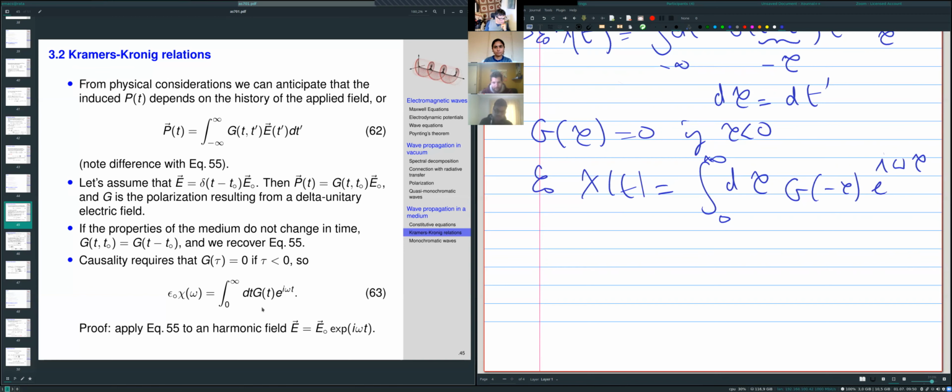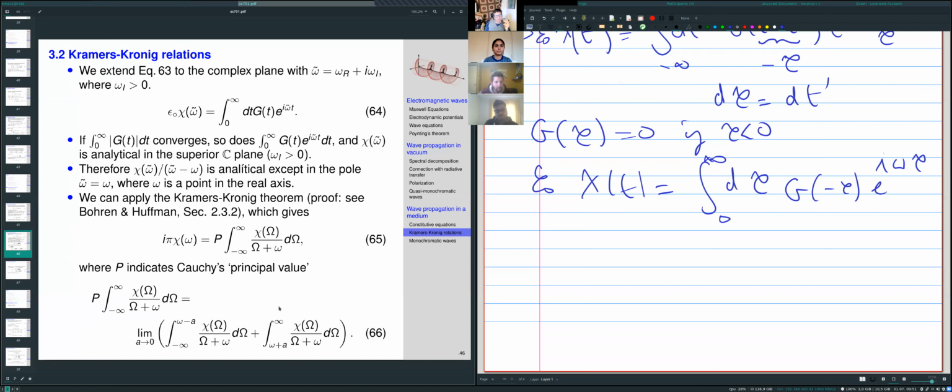But we have this expression that connects the susceptibility with this kernel G, and we can make a trick now, which is quite difficult to digest, and this is to extend equation 63 to the complex plane.